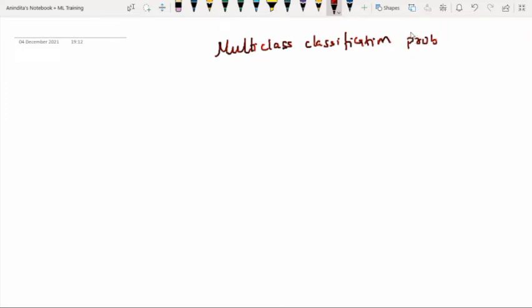So we have to prepare the data accordingly, and the target variable will contain the class labels, say 0 to n minus 1. I don't know how many classes there should be, so we can expect 0 to n minus 1, where n denotes the number of class labels. So we are dealing with multi-class classification.